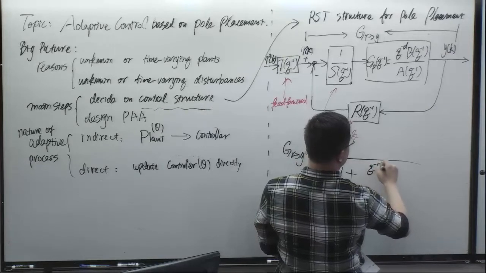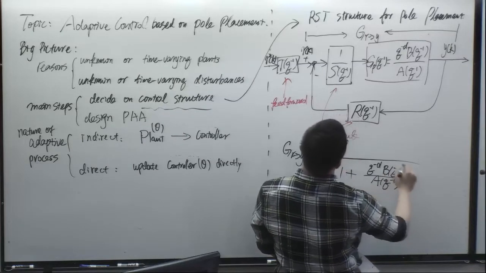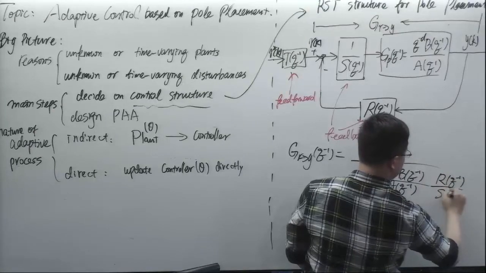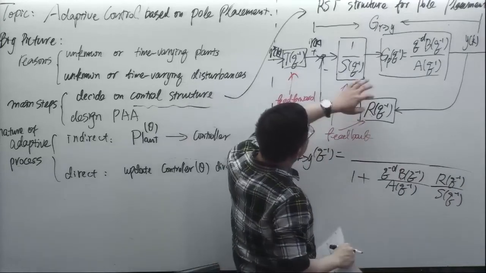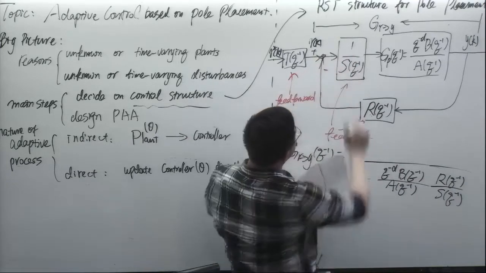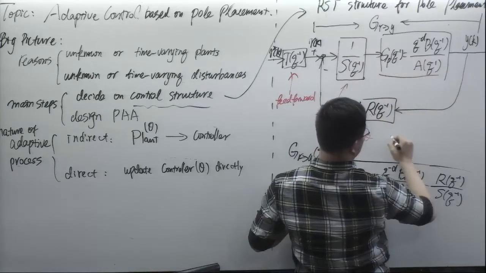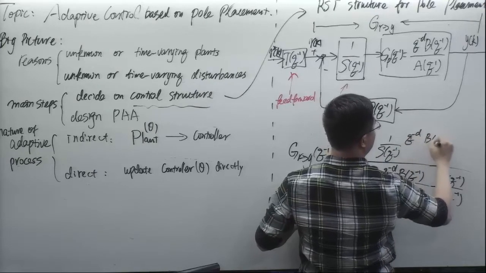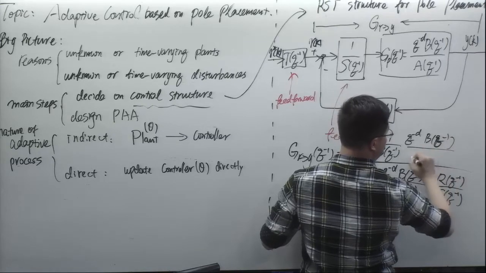So if you carry out the computation, it's going to be this. All right, and then the direct path from here to here is 1 over S, Q, B and A.